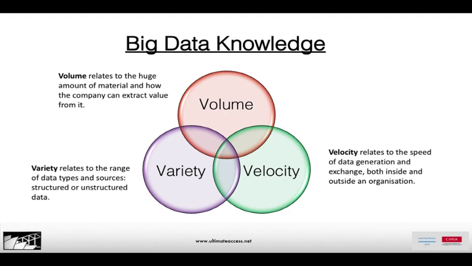These data sets are so huge and complex that normal data processing software would not be able to weed through this information to provide us with meaningful results. It needs a special kind of software or hardware to actually get through big data.